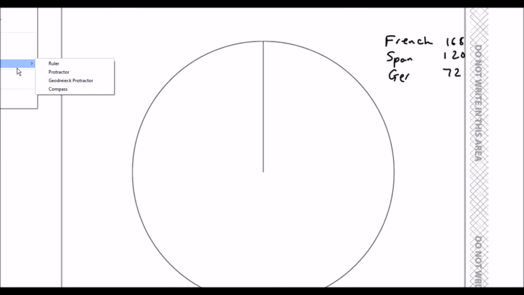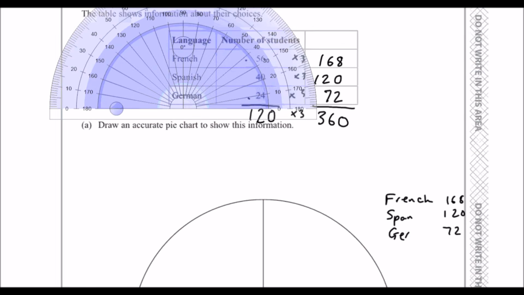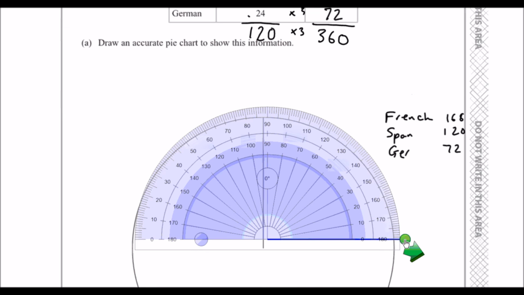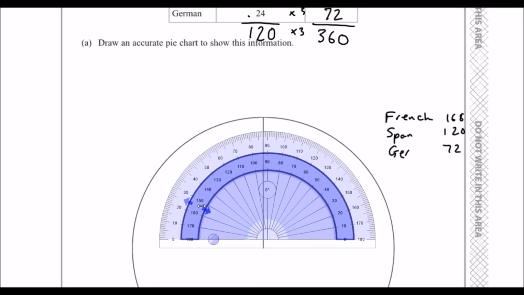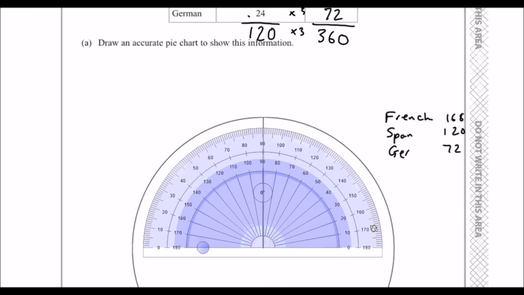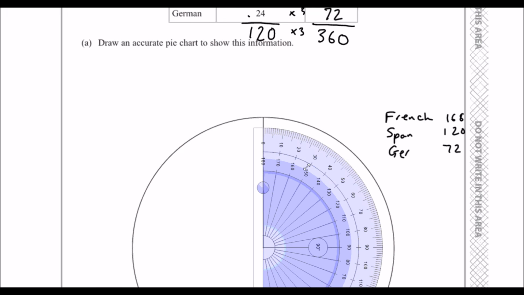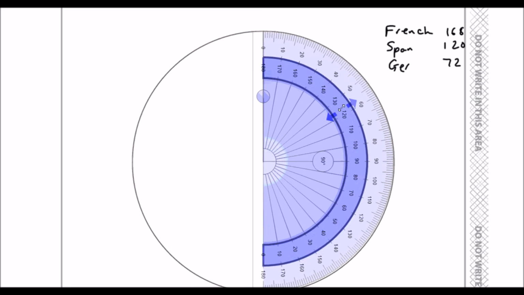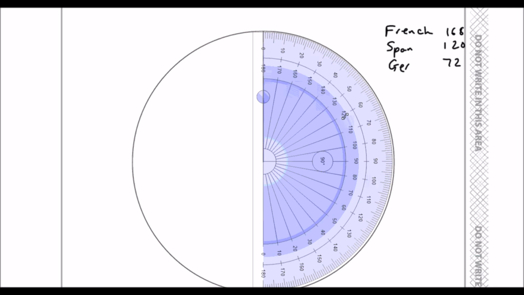And I need my protractor. So 168 degrees.